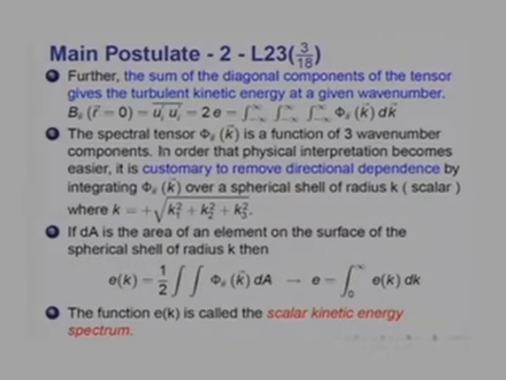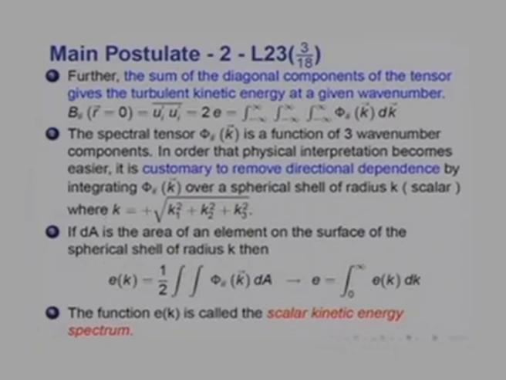This makes interpretation of this expression somewhat difficult, and therefore, in order that physical interpretation becomes easier, it is customary to remove directional dependence by integrating phi_ii(k) over a spherical shell of radius k, where k is the square root of k1 squared plus k2 squared plus k3 squared. In other words, the magnitude of the vector k is taken as the radius of this spherical shell.